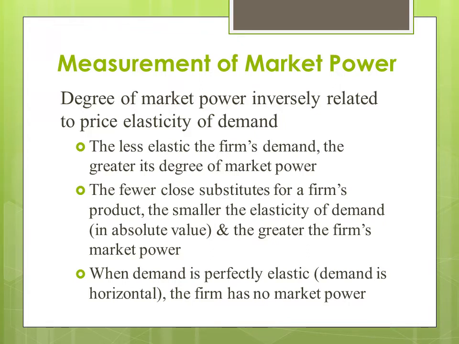The fewer close substitutes for a firm's product, the smaller the elasticity of demand and the greater the firm's market power. When demand is perfectly elastic, as in the case of perfect competition, demand is horizontal and the firm has no market power.